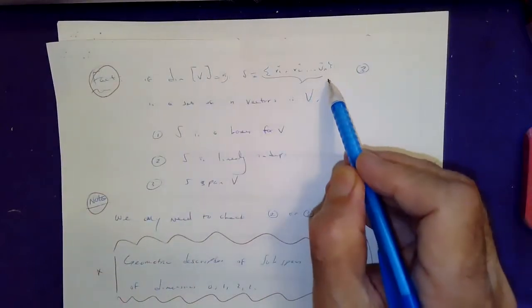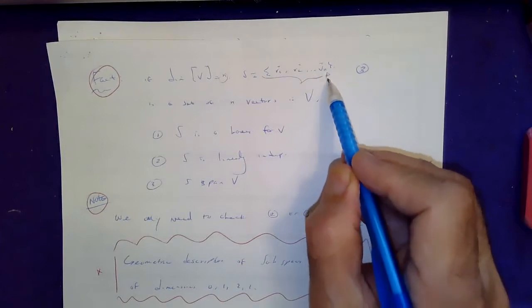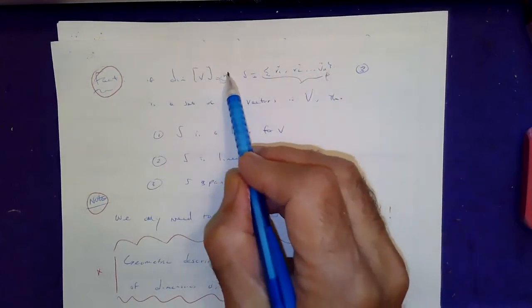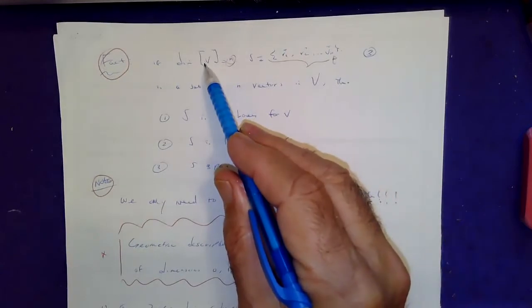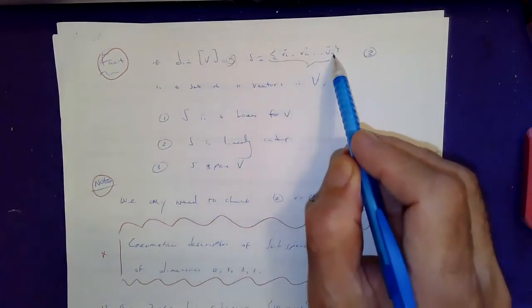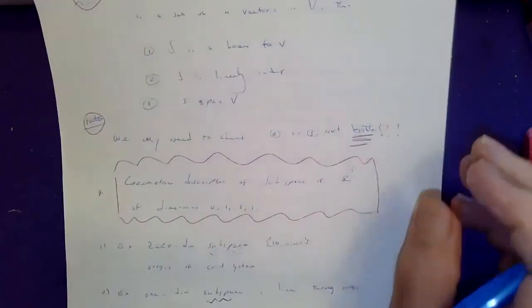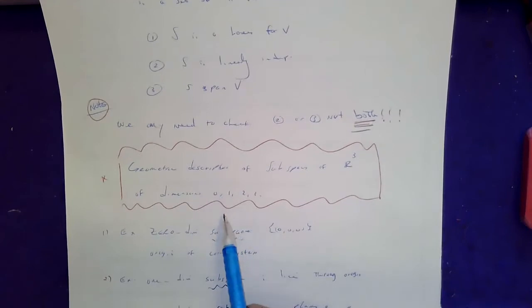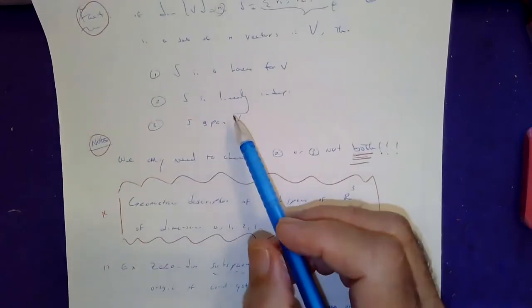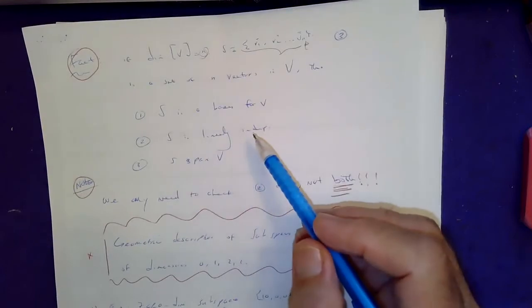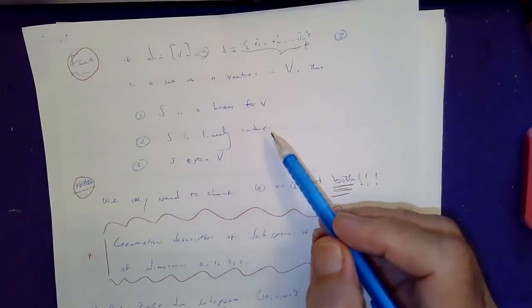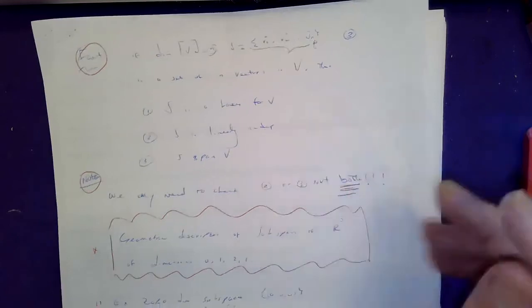If the number of vectors in a given set matches the dimension of your vector space, in other words, this guy is a subspace of this, and the dimension of the subspace matches the dimension of the vector space, all we have to do is verify the condition of linear independence or spanning, not both.